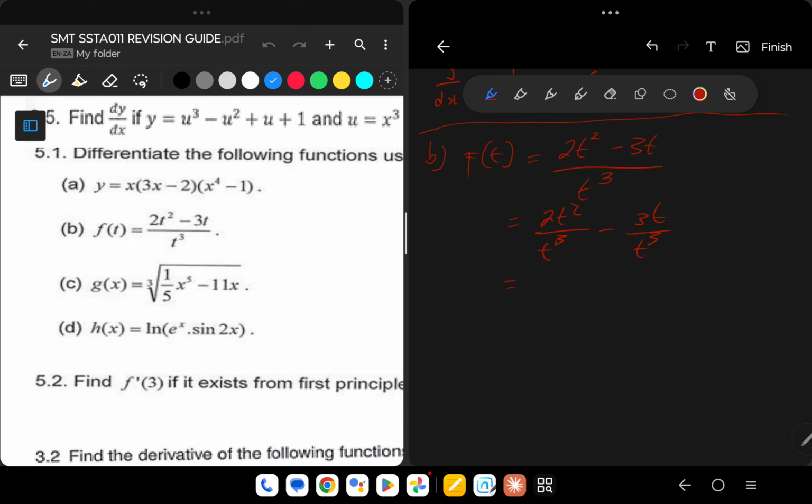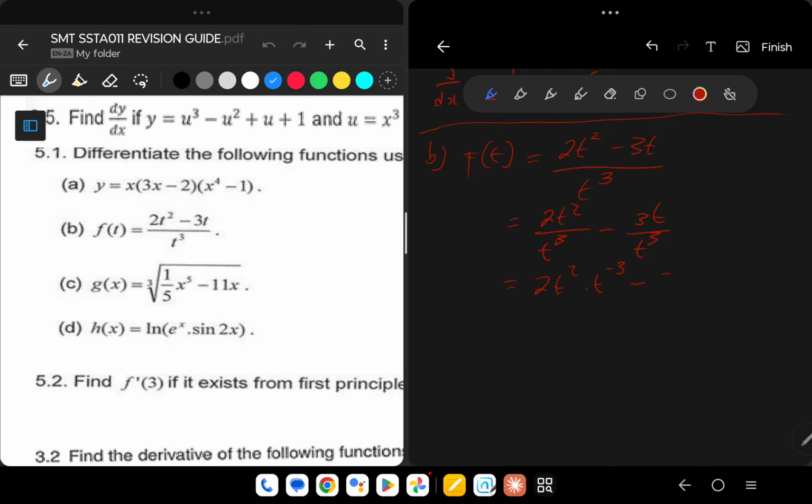So this gives us what? 2t squared divided by t cubed is the same as, let me write it this way for your understanding, 2t squared times t to the power of negative 3. So when you add 2 with negative 3, it gives you negative 1.